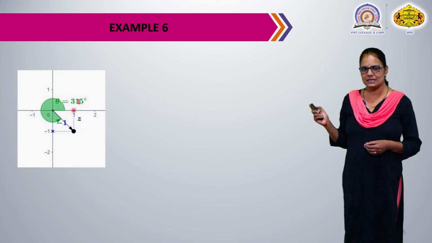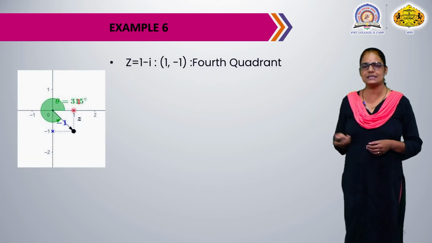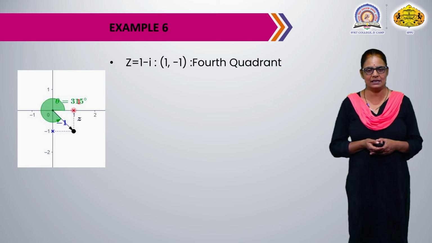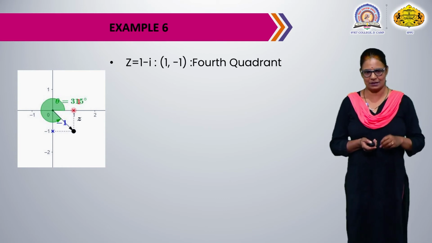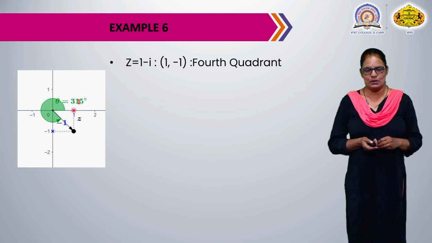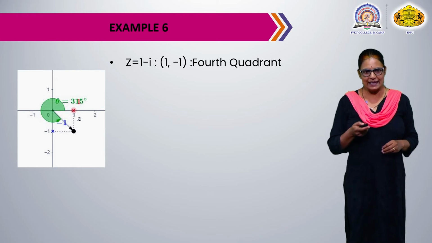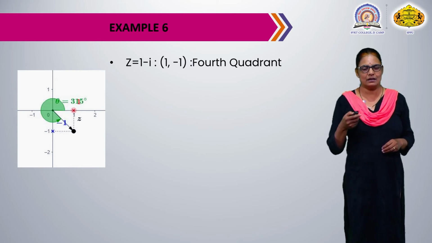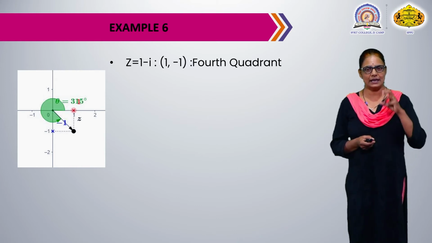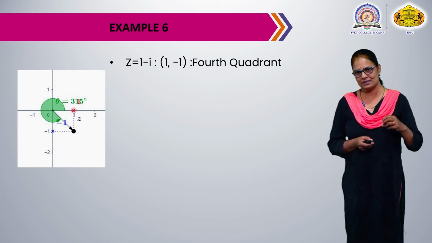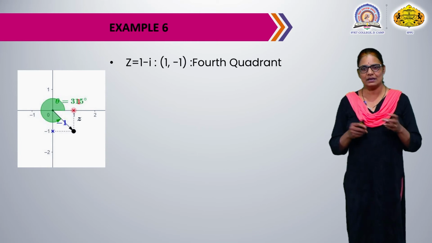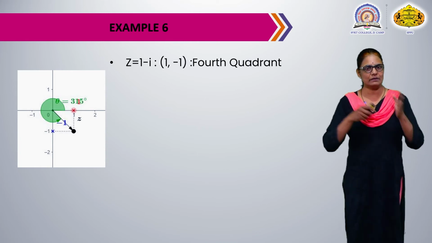So let us consider the second example. We consider z equals 1 minus i. The corresponding point is (1, minus 1). This point, we know, lies in the fourth quadrant. If you find the angle between two lines or two vectors, there are always two angles, one acute and one obtuse.